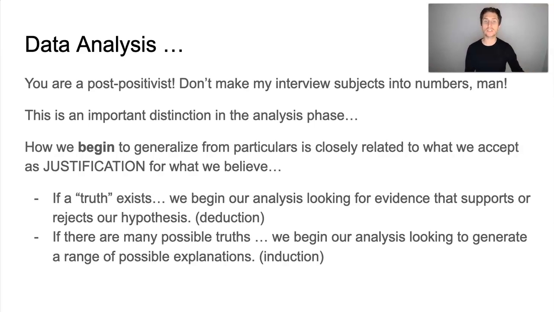is that when we begin to generalize from particulars to some form of pattern or some sort of coding, what we're doing is coming to some justification about how our beliefs have been arrived at, right?